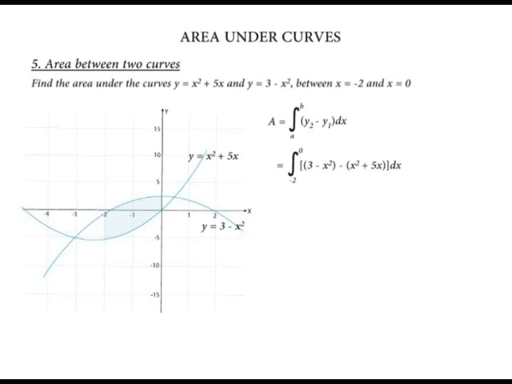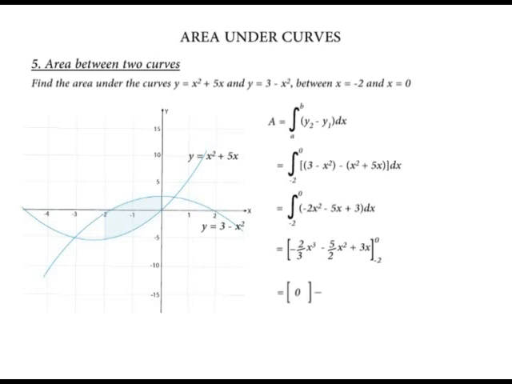If we subtract those two functions, we end up with minus 2x squared minus 5x plus 3. If we integrate that, we get minus 2 over 3 x cubed minus 5 over 2 x squared plus 3x in square brackets, and then put the limits. Then we substitute and subtract. Substituting the upper limit, we get 0.